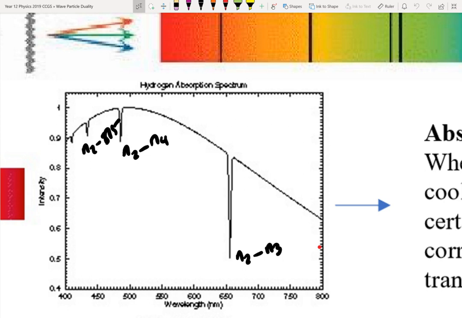Here's the thing. Your electron in your sample, even though it's a cold gas, your atoms are still jiggling backwards and forwards. And so your electrons can be moving forwards or backwards relative to the light. Depending on its direction, it's the relativistic velocity. If it's moving towards the light, that light might be blue shifted and it'll go, you know what, I'll have that, thank you very much.